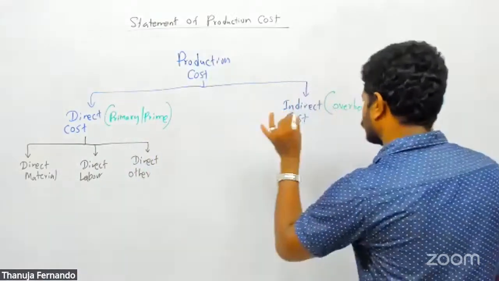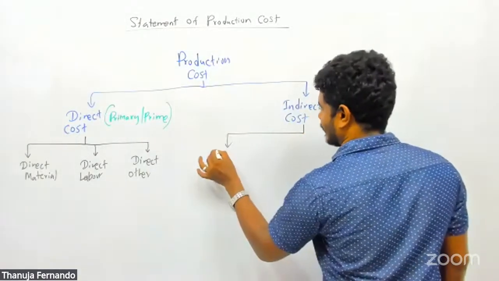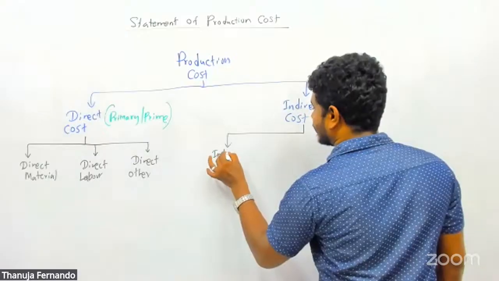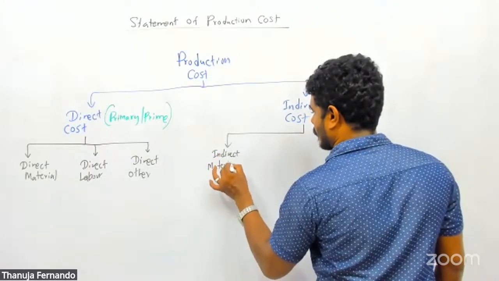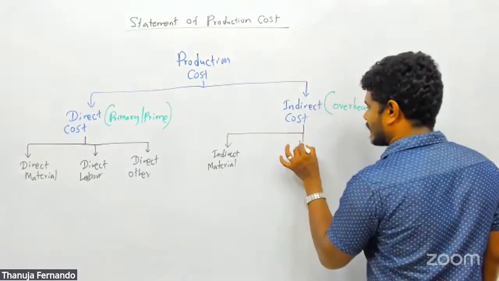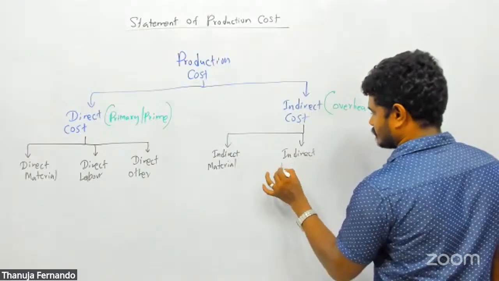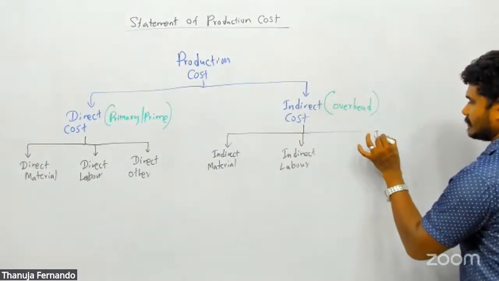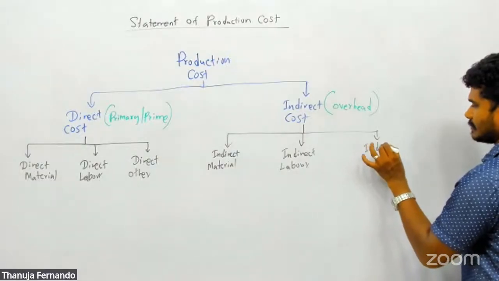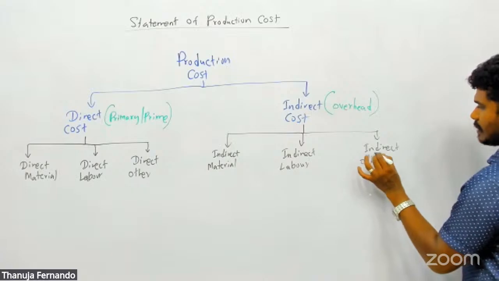And indirect cost we can also divide into three: indirect material, indirect labor, indirect other. It's very easy, right?